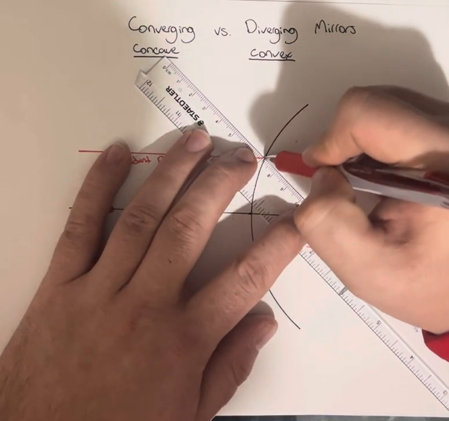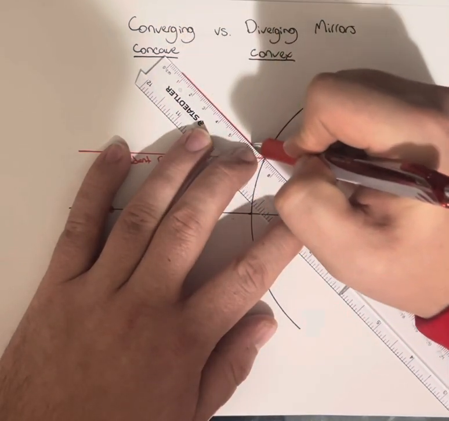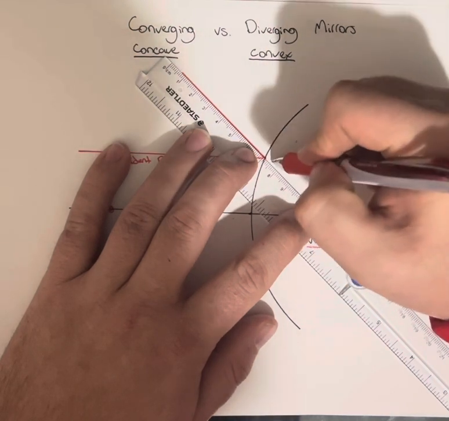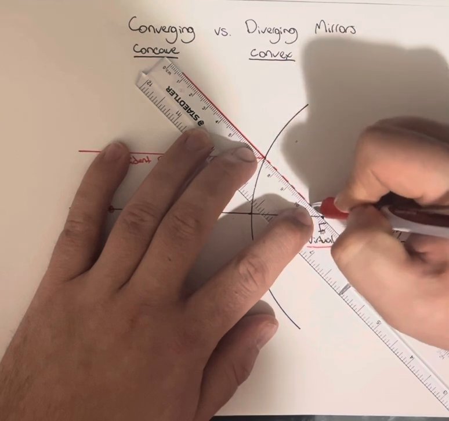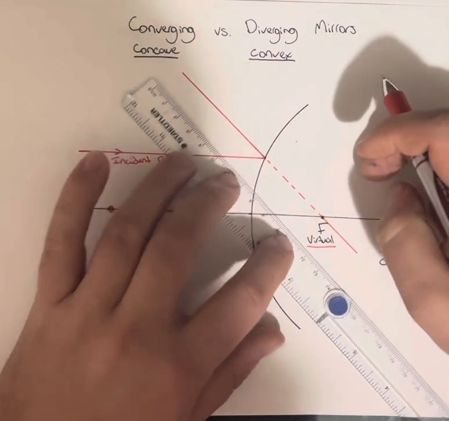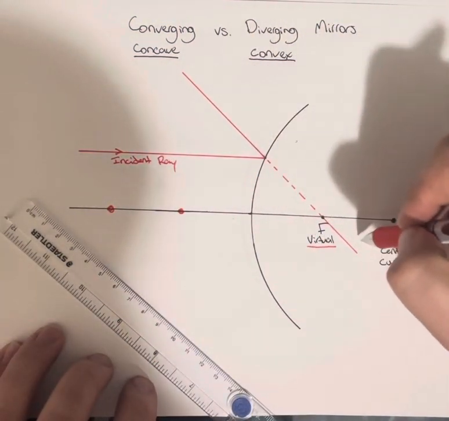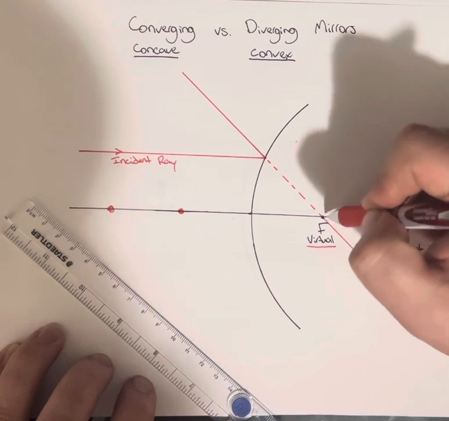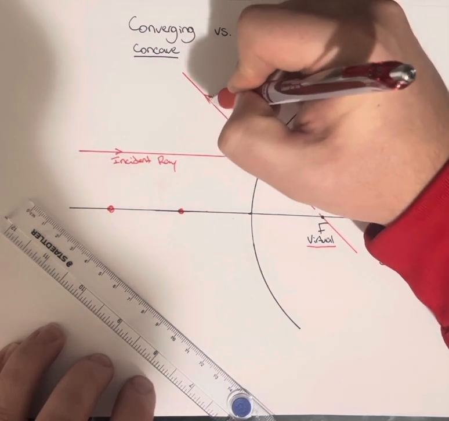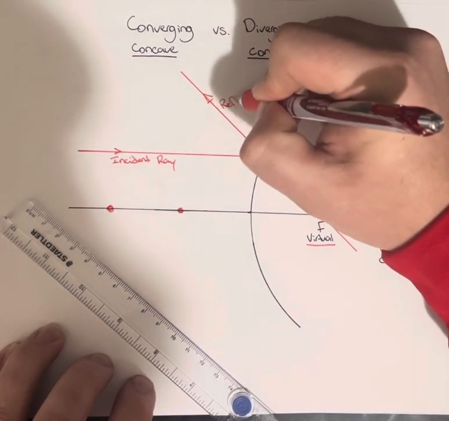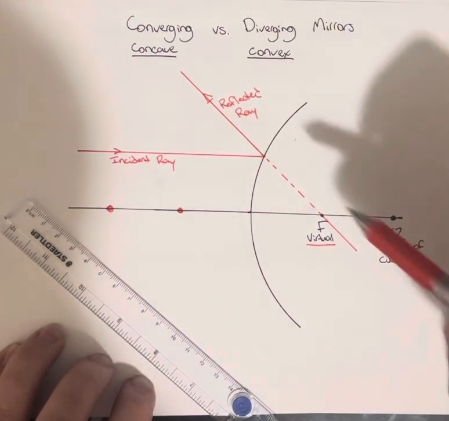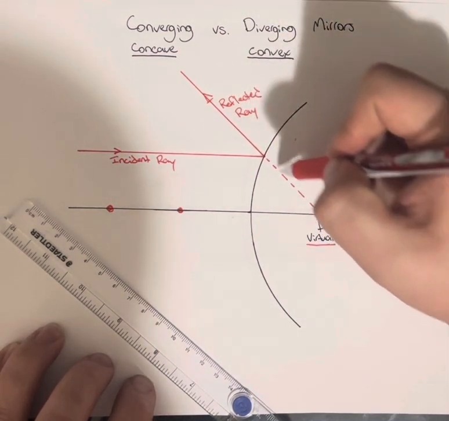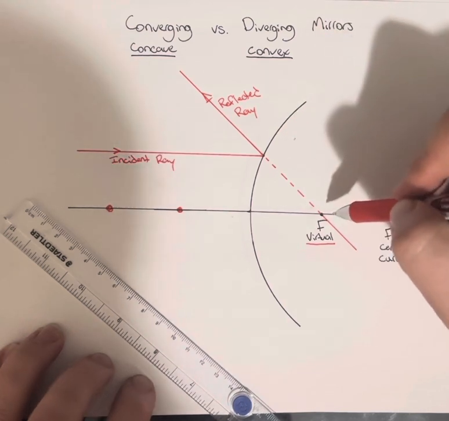But interestingly enough, when it does reflect in that direction, if you look backwards, and we always draw these with dotted lines, you will notice that it still follows off of the mirror. So this is my reflected ray. But you will notice that it follows back through the virtual focal point.